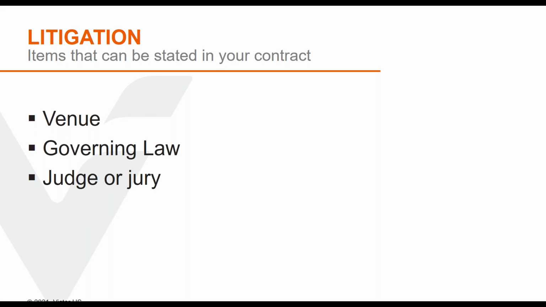You can state that in your contract. Most of the time what you see is agreements to waive jury trial in contracts, because you may not want to deal with the vagaries of a jury, but again, that's up to you all.